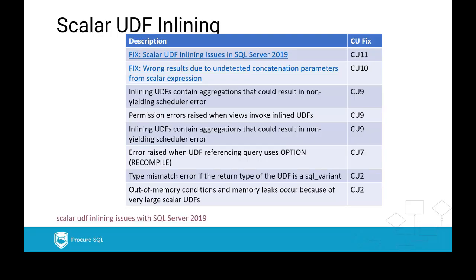I just want to refocus on UDF inlining with the new feature set. This is one I'm a little more skittish about because of a lot of the changes that have happened. So if you are planning on using scalar functions, definitely make sure you're on the newest CU.